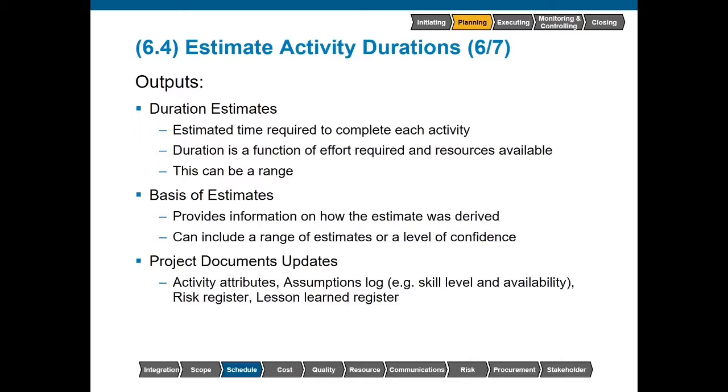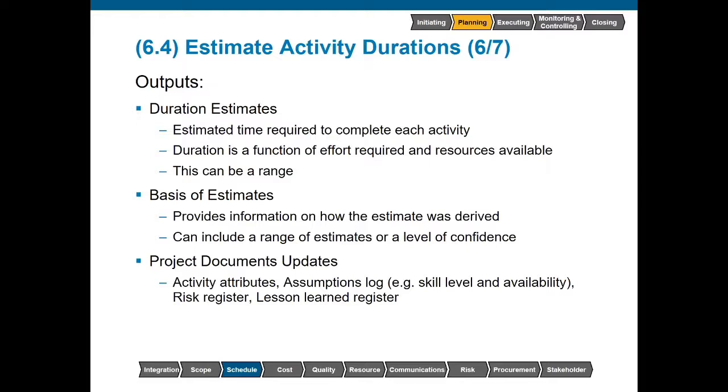Duration estimates can be a range. The basis of estimates is kind of a reminder. How did we arrive at these numbers? Who did we speak to? And what type of formulas or assumptions did they have when they came up with these estimates? The basis of estimates could also include a range of estimates or an overall level of confidence for them.